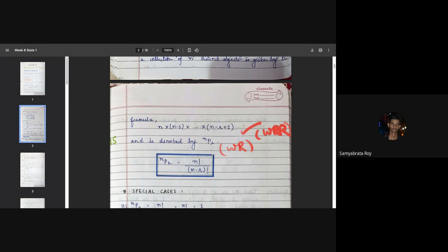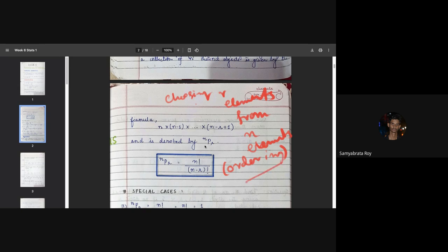If I am permuting r elements, I'm choosing r elements from n elements, with ordering, then what is the number of ways I can get it?